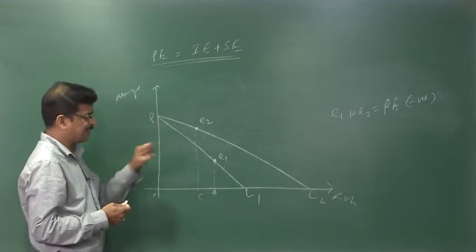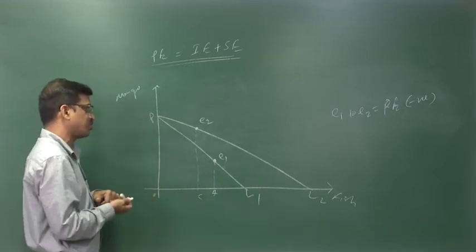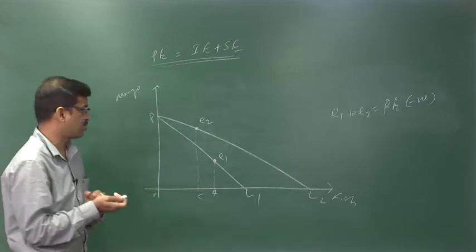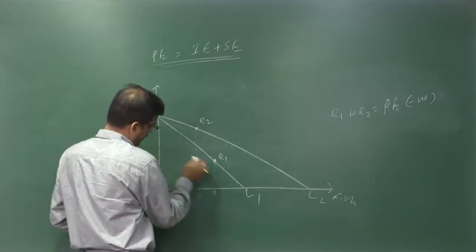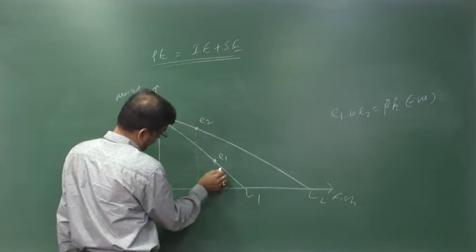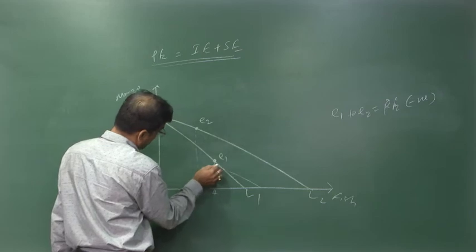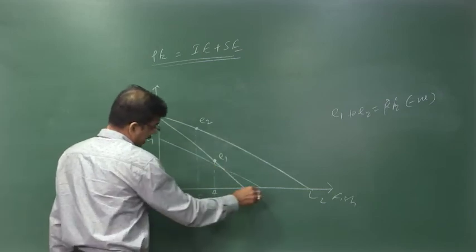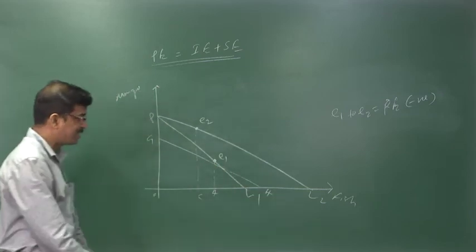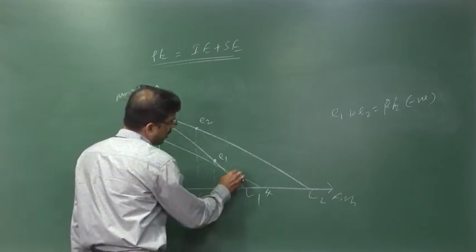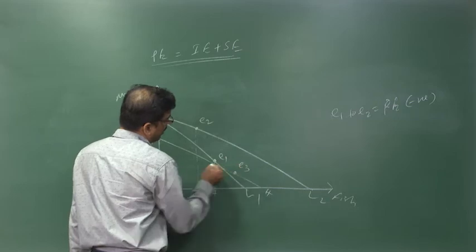If the increased real income is withdrawn from the consumer, so that the consumer obtains the old or initial level of satisfaction, we have to trace the price line, the GH line, in such a way that it is tangent to the old indifference curve at the point, let us say E3.